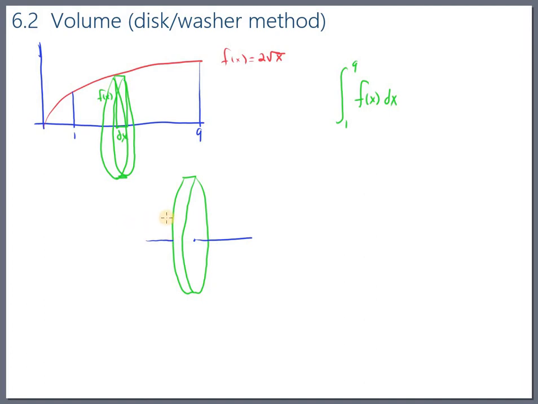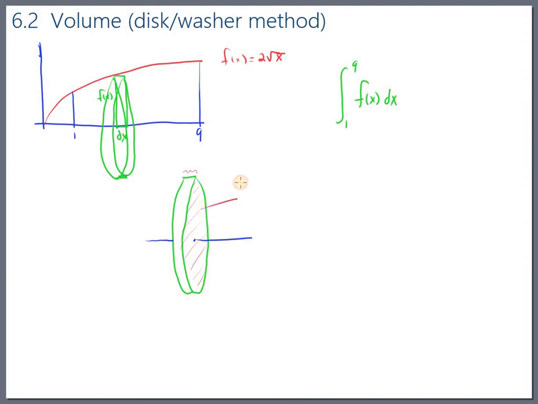So really we just need to change our area of a rectangle formula into the volume of a disk formula. And so let's talk about the volume of this particular disk right here. That's a three-dimensional shape. It is volume. But like a lot of three-dimensional shapes, it's the area of the top, or the side, I guess in this case, times the depth.